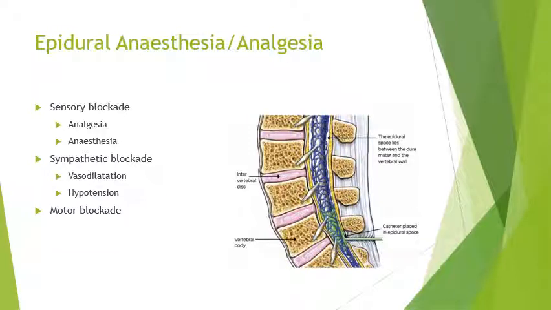Epidural anaesthesia or analgesia involves the use of a fine plastic catheter to infuse drugs into the epidural space. The precise effects of this will vary depending upon the drug used and the concentration. Blockade of sensory fibers will cause analgesia, i.e. pain relief, at lower doses, progressing to anaesthesia, i.e. a total lack of sensation suitable for surgery, at higher doses.